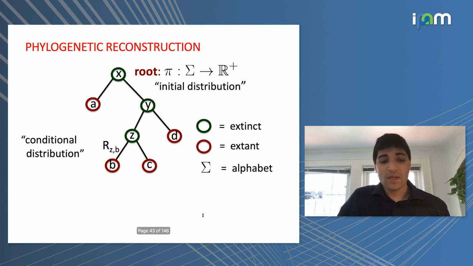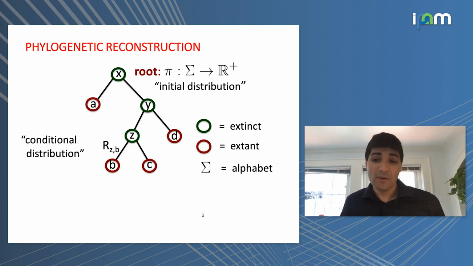Then along each one of the edges in this tree, there's a matrix that describes the conditional distribution. It's really a size of sigma by size of sigma matrix.